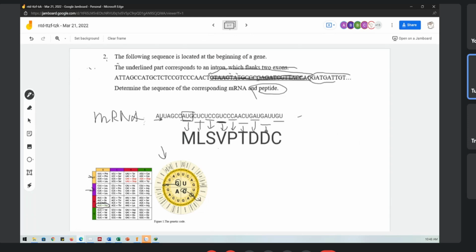And you will have the peptide sequence for the whole thing. Okay? Do you understand that? Okay, okay, Tung. Okay, that's it for the second one.